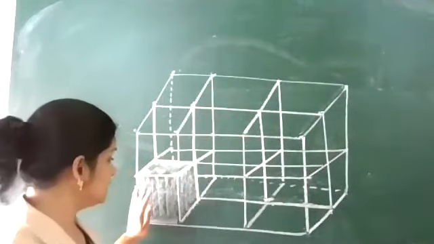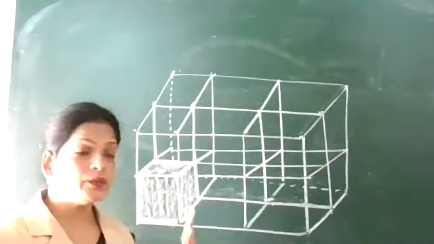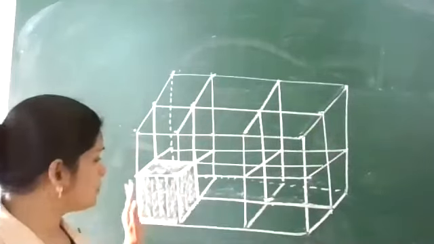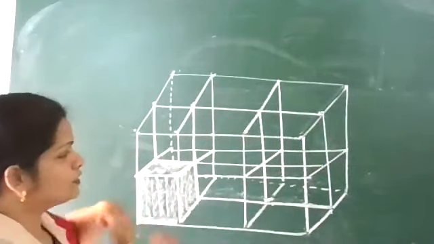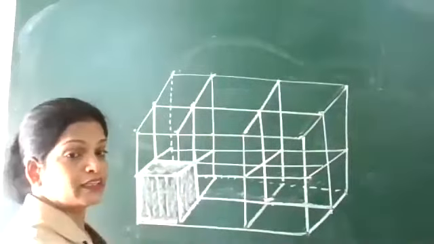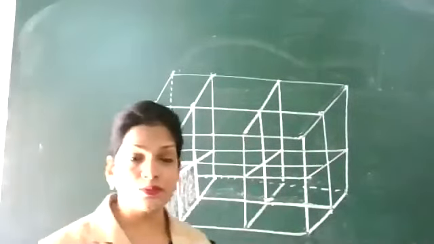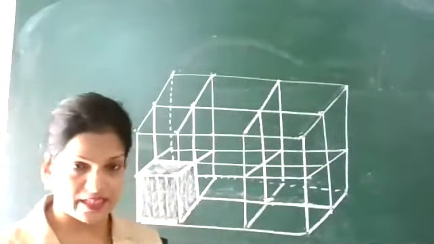And this is the unit cell. Define unit cell: it is the portion of the crystal lattice which, when repeated in different directions, generates the entire crystal. Unit cells are of two types, primitive and centered.